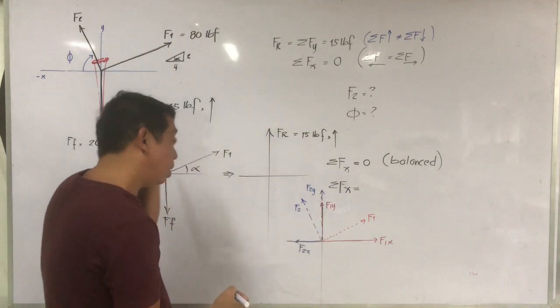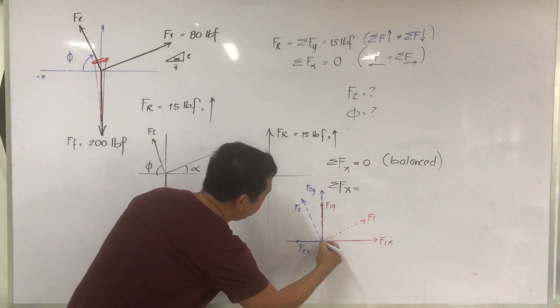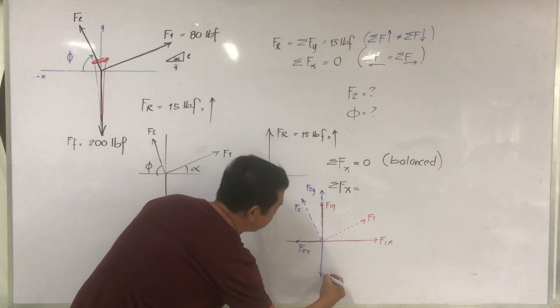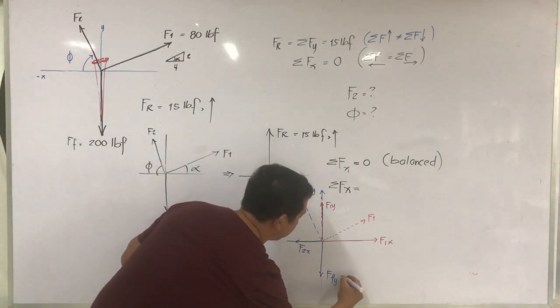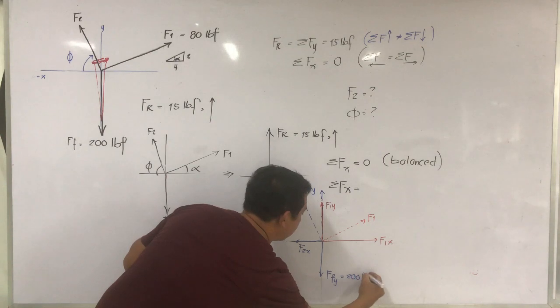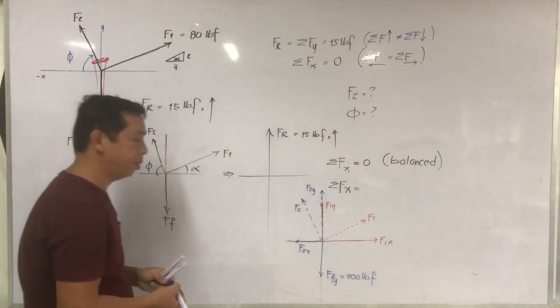Whereas, yung resistance na 200 is, sabi natin, F sub F, y entirely, which is 200 pound force.